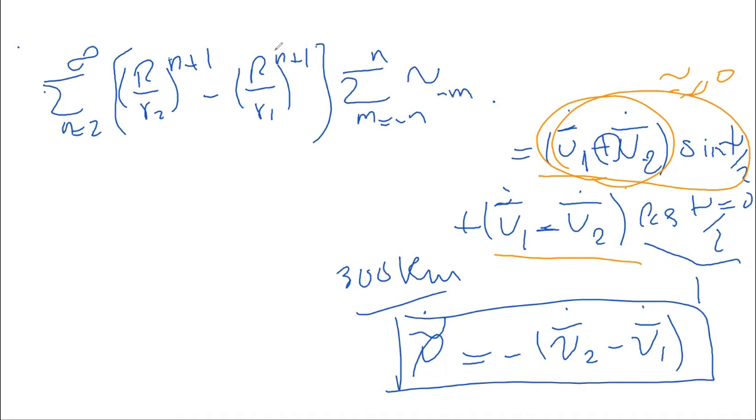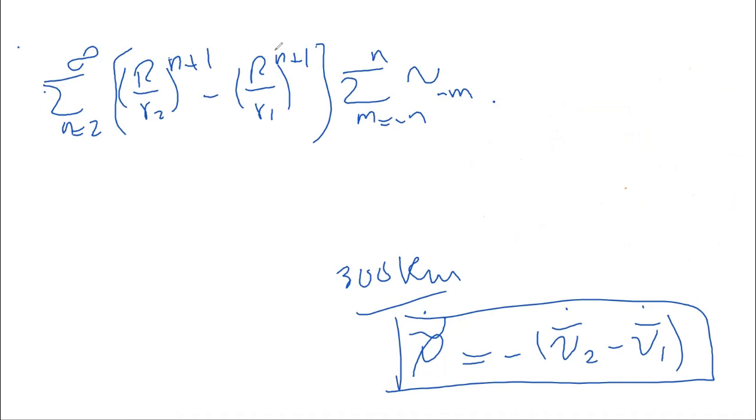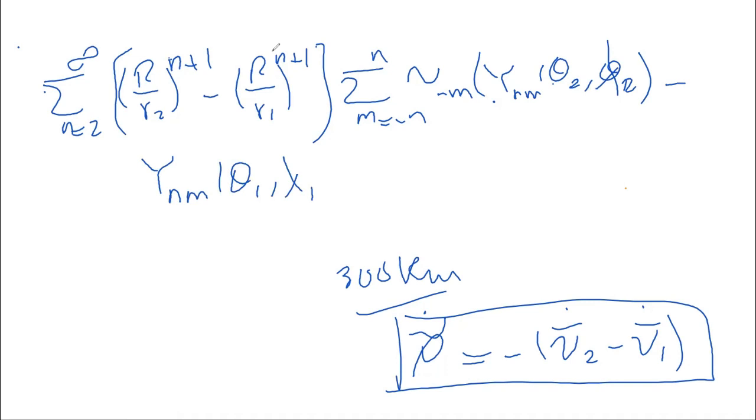Let me clean this part. Y n m at theta 2 lambda 2 minus Y n m at theta 1 lambda 1 equals, if you remember, 0, and instead of this one we already have the minus, we put rho dot bar. So that's all.